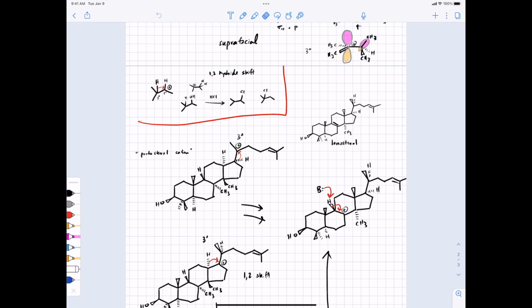Vitamin D actually comes from this synthesis too, and then bile salts also come from this. So tons of different molecules, all from this carbocation rearrangement process.